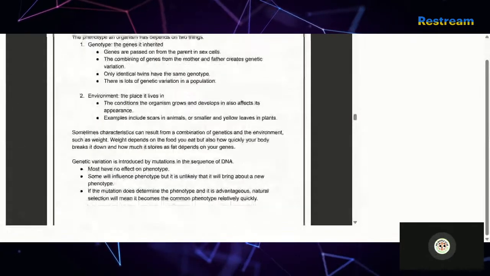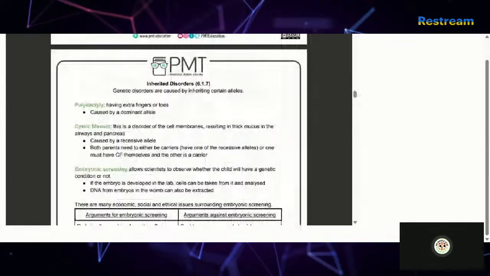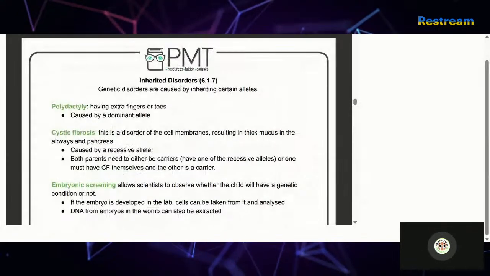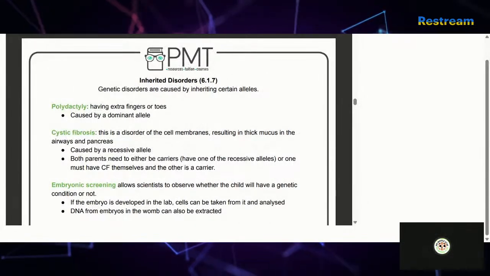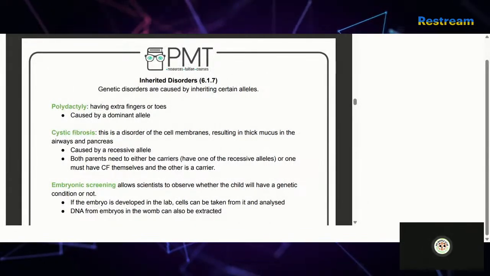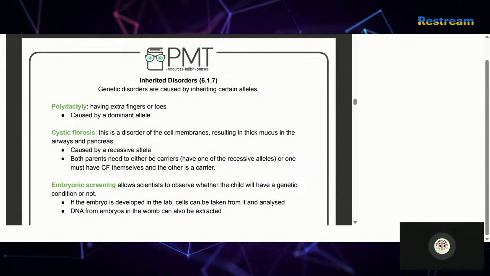So, inherited disorders, let's quickly go over that. You need to know that genetic disorders are caused by inheriting certain alleles. Cystic fibrosis is a genetic disorder of the cell membranes. What happens is it results in the body producing lots of mucus, and this sticks in the air passages and in the pancreas.